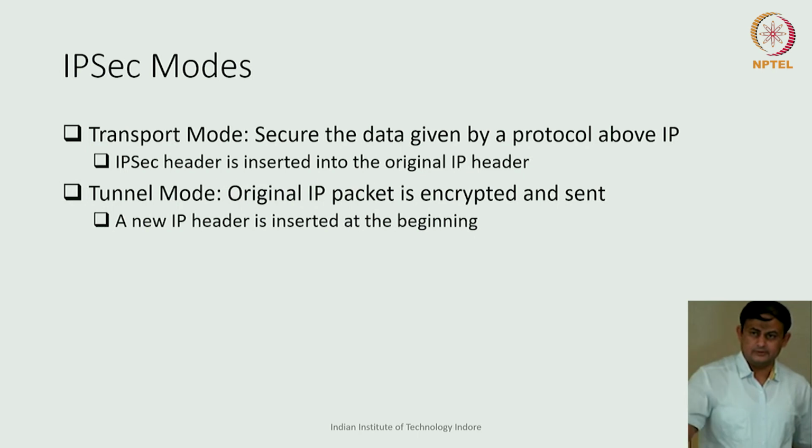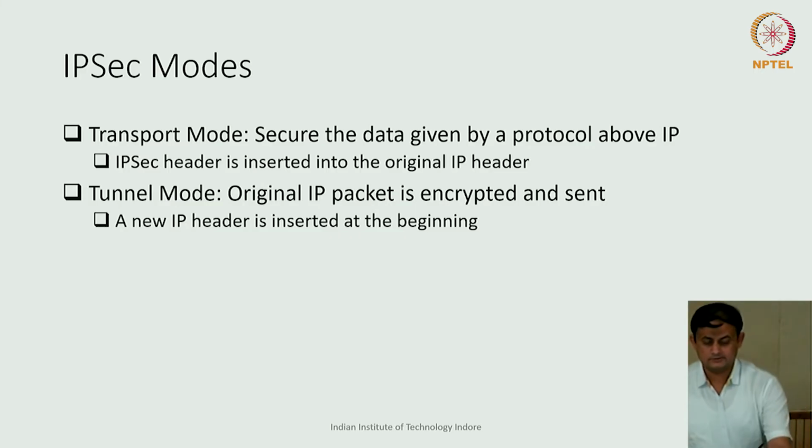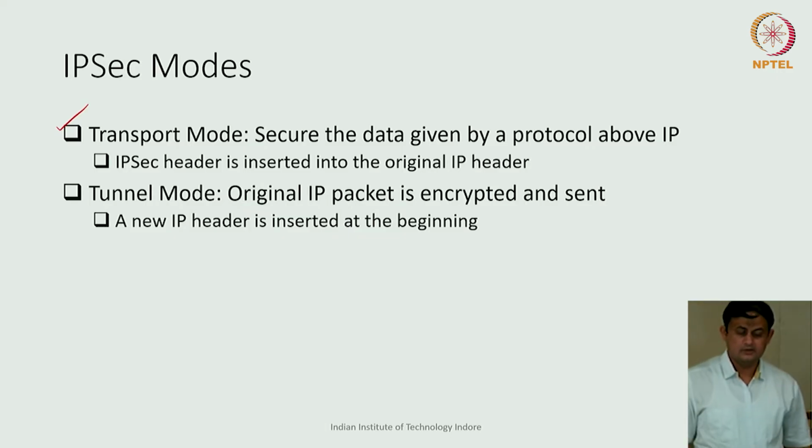Whether you use the authentication header or you go with ESP, both of these methods can operate in two different modes. One is called the transport mode and the second one is called the tunnel mode. The fundamental difference between these two is the following.